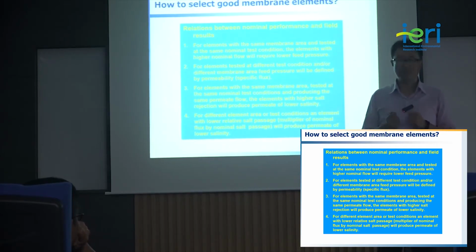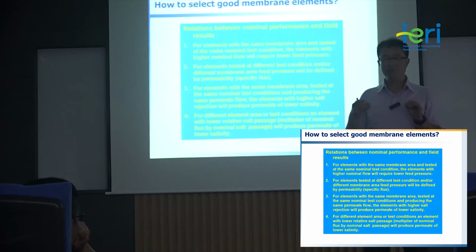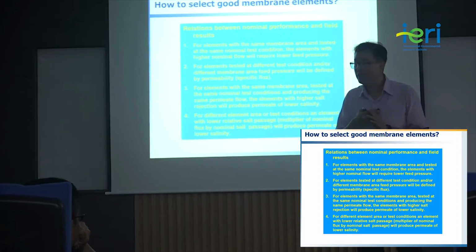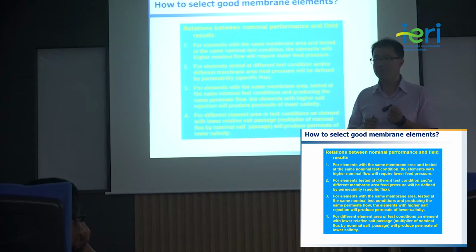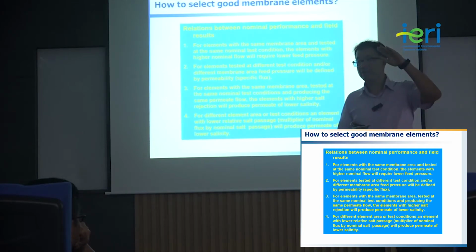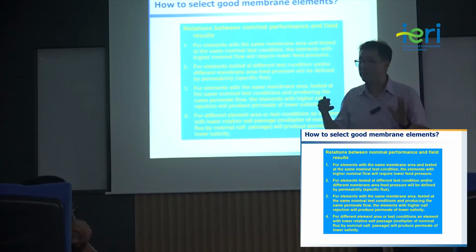For example, when you use higher pressure for the test, the salt rejection ability of the membrane looks higher.